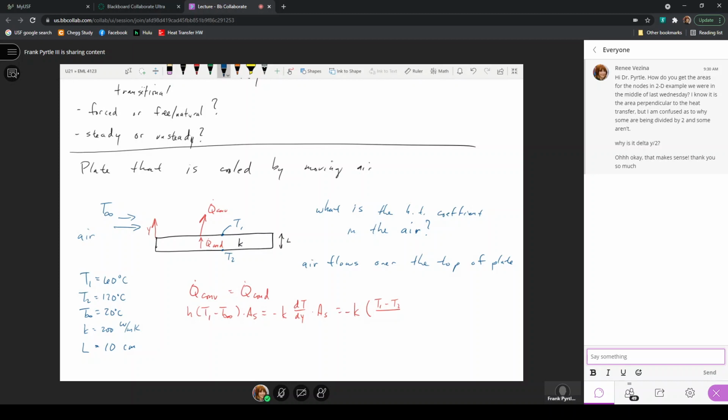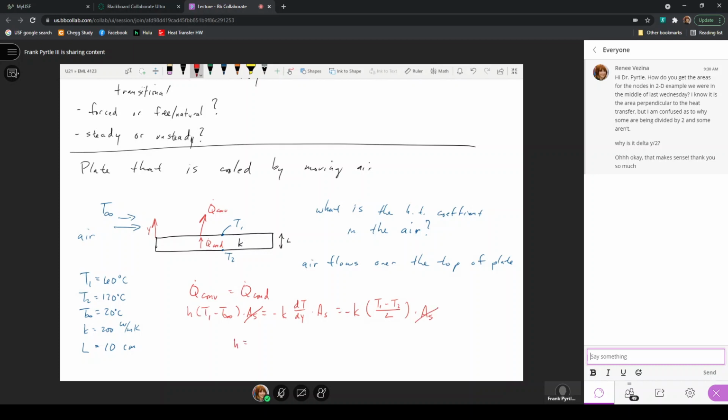So when writing this expression, this temperature difference over a distance of L allows me to define the temperature gradient times the surface area. Now I don't need to specify the surface area to find the heat transfer coefficient, because the surface areas will cancel.